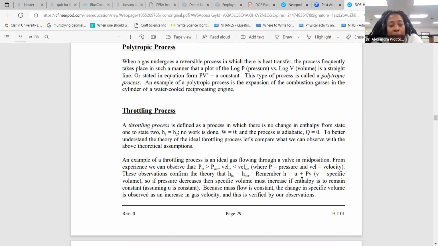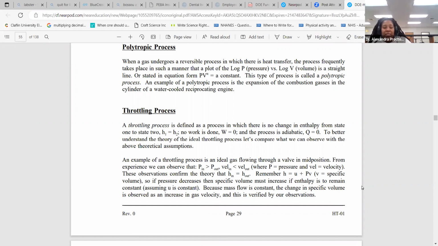We have P in is greater than P out. Vel in is smaller than vel out, where P is the pressure and vel is the velocity. And this confirms the theory that h in is equal to h out.